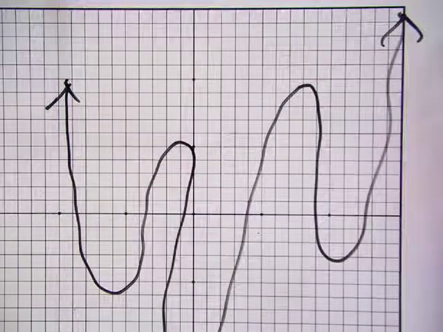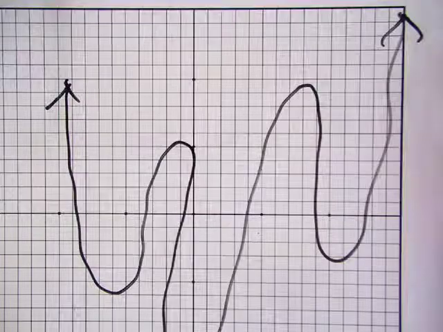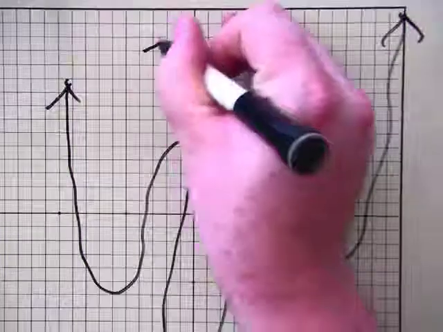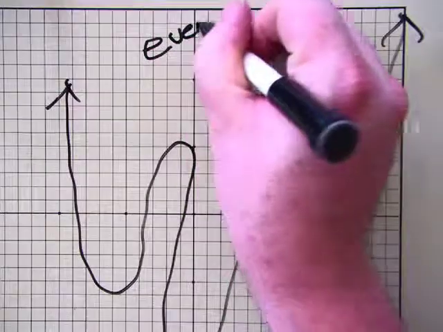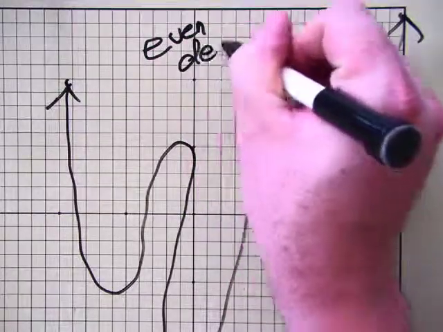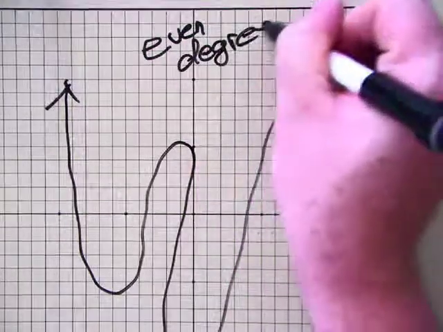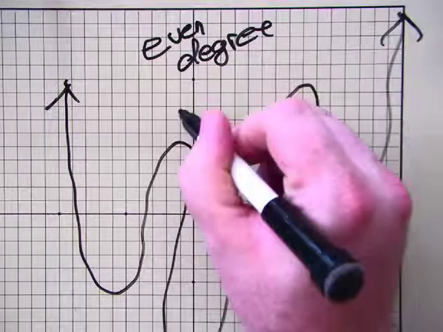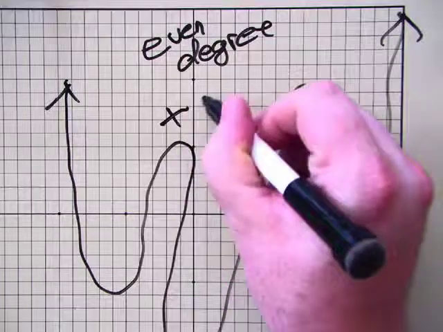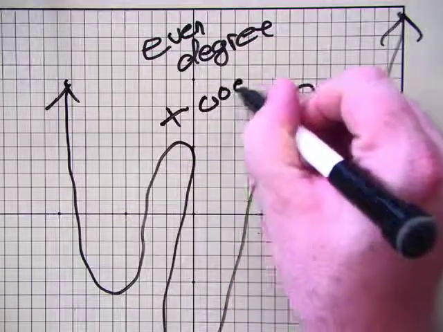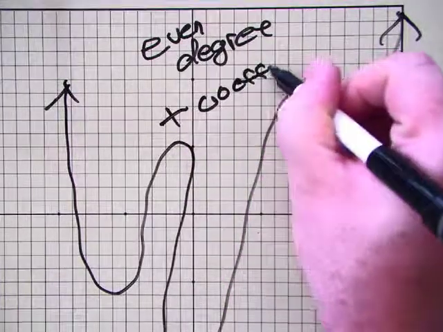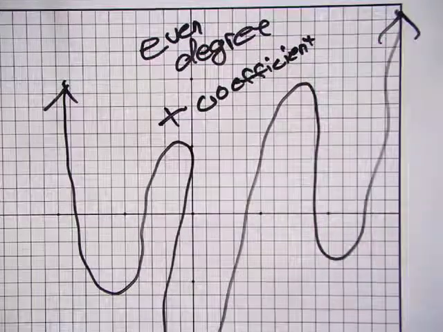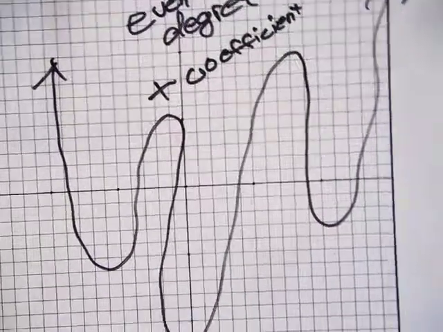Okay, with both sides pointing up, I know that it is an even degree. And I also know that it is a positive coefficient. Okay, even degree, positive coefficient.